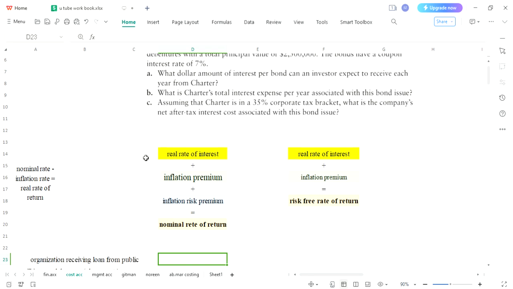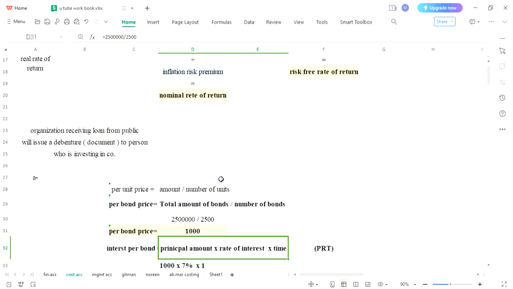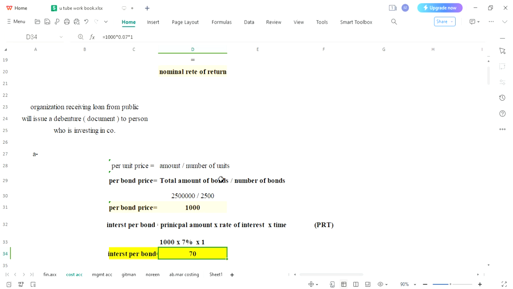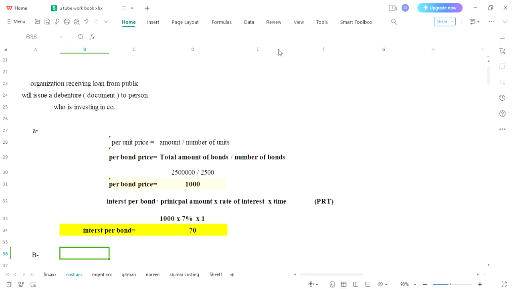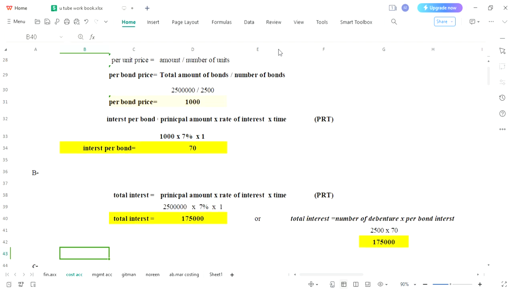First we revised our concepts, then we started our question. A part, first answer was 70. Please note it down, and you need to repeat it as well. First answer, interest per bond you have calculated was 70. Then you started your B part where total interest was required, and you calculated 175,000 with two different methods.